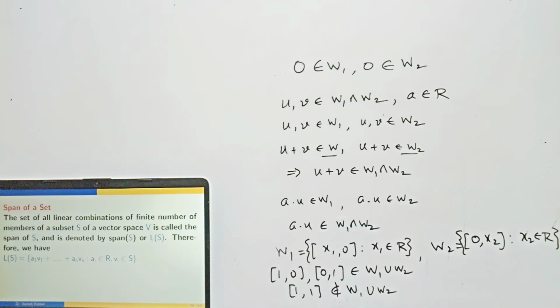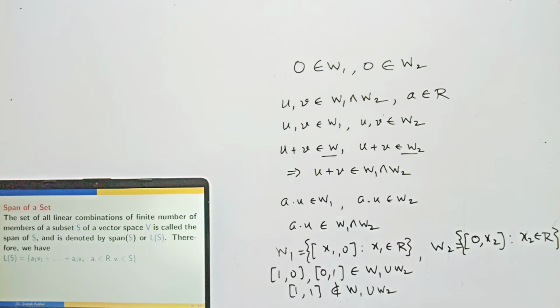Next, a very important definition: span of a set. What is span? The set of all linear combinations of a finite number of members of a subset S of a vector space V is called the span of S and is denoted by span S or LS. We will be using this notation more commonly, LS.